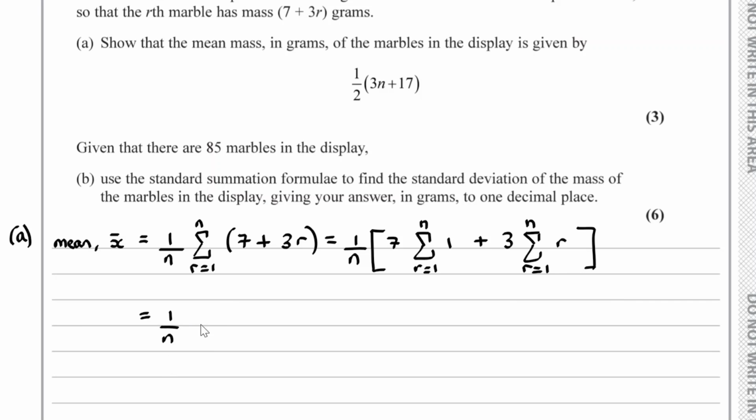So we have 1 over n lots of, well, we have 7 times this sum, which is n, and then we have 3 lots of this sum, the sum from r equals 1 to r equals n of r, that's n over 2 lots of n plus 1.